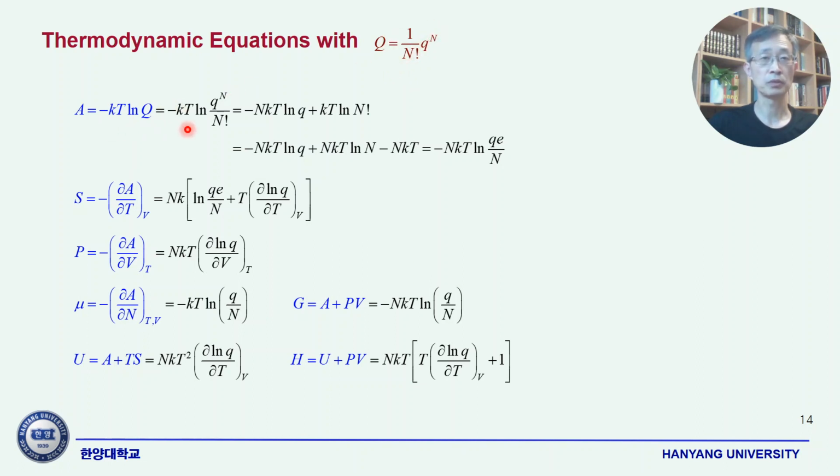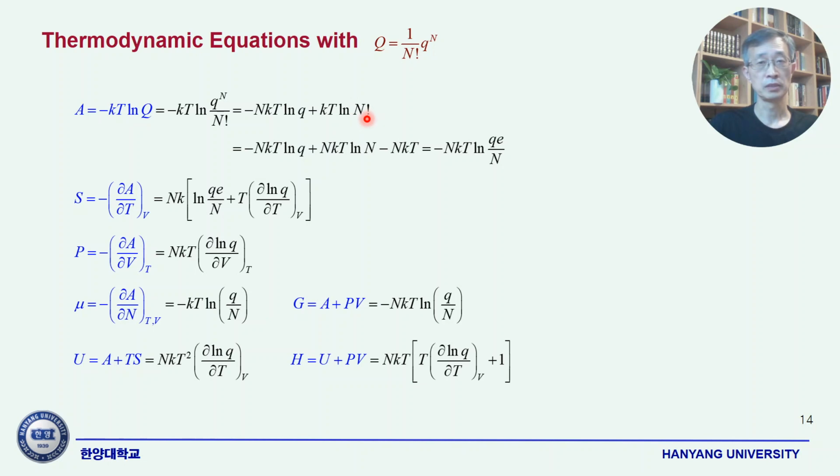So in terms of the molecular partition function, A is given by minus kT ln of q to the Nth power over N factorial. The logarithm of q to the Nth power gives N, so minus N kT ln q. The denominator N factorial changes the sign, so plus kT ln N factorial.